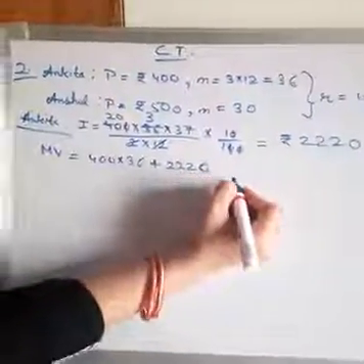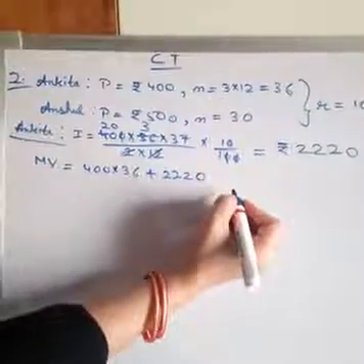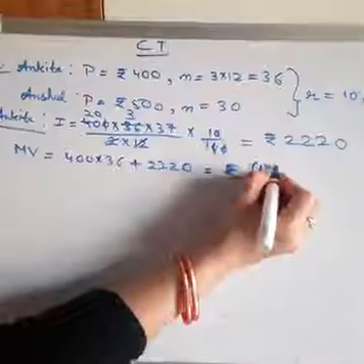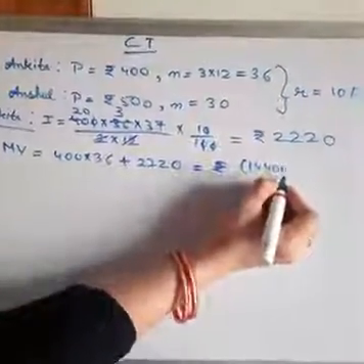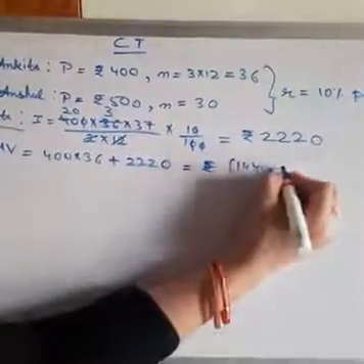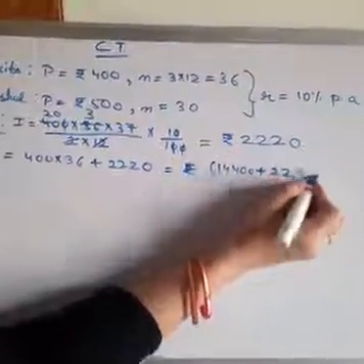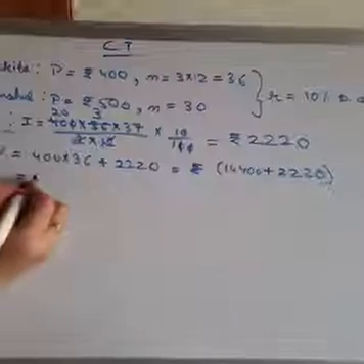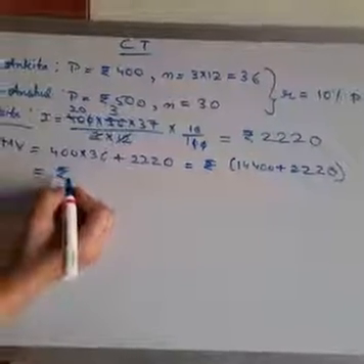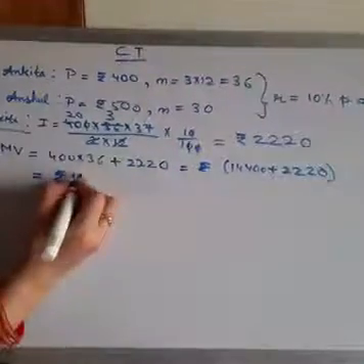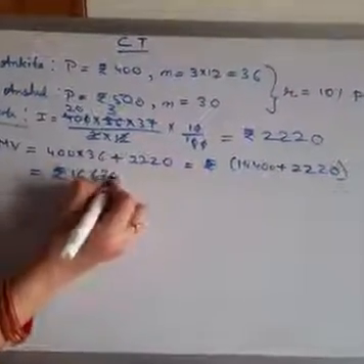So this will be equal to 14,400 rupees plus rupees 2,220. Take the sum. So for Ankita, we got the maturity value as rupees 16,620.